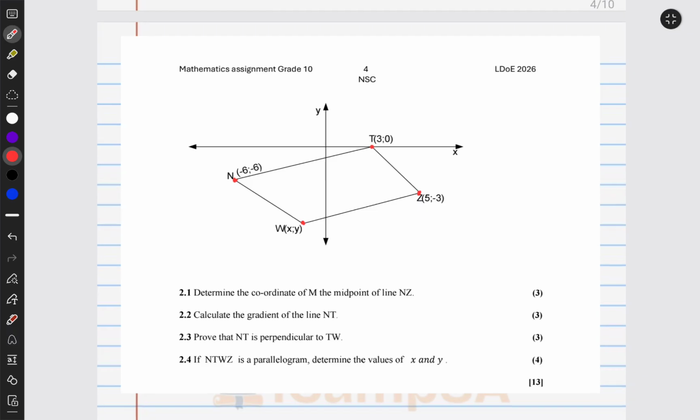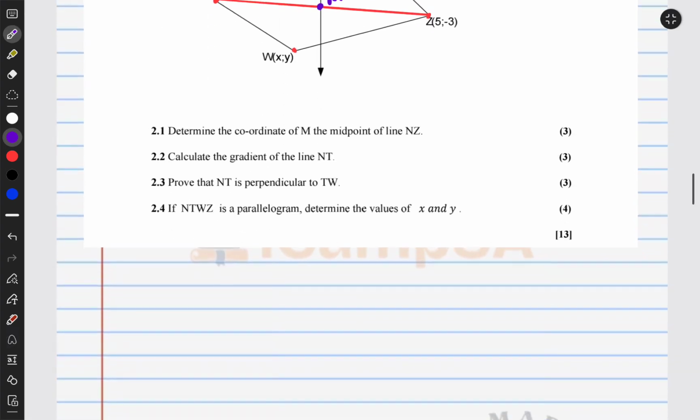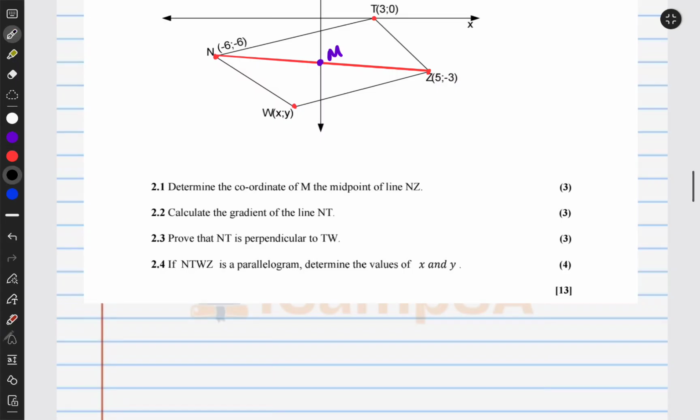So for 2.1, we are asked to determine the coordinates of M, the midpoint of NZ, which means M will be somewhere here, not exactly on the line, but halfway along NZ. So we have to use the midpoint formula. I made a mistake, it's not the midpoint theorem.